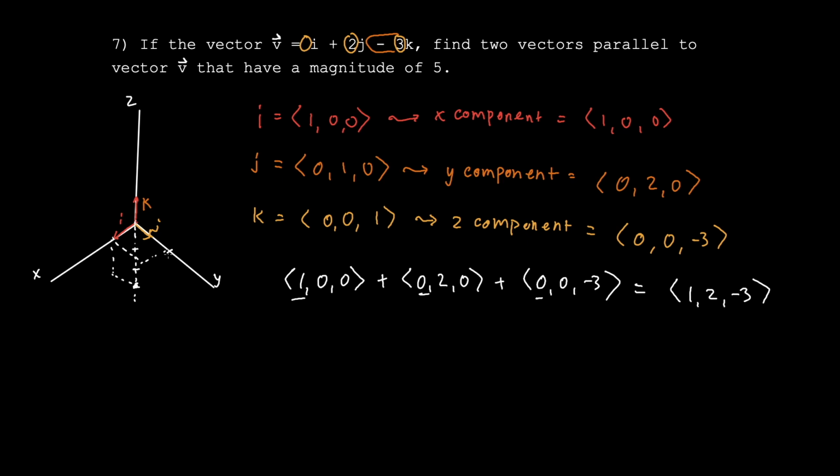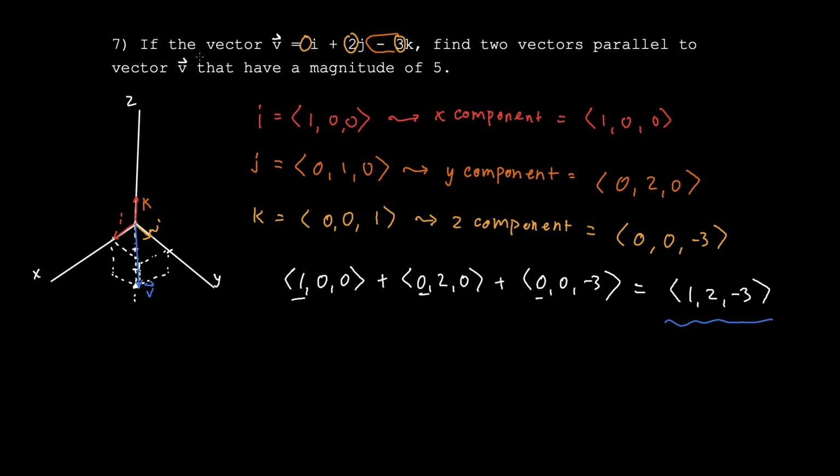Then we can find out where exactly the vector points to. So the vector points somewhere down here. And let me just use a new color. Points somewhere down here. And that is our vector v, which has components of 1, 2, and negative 3.